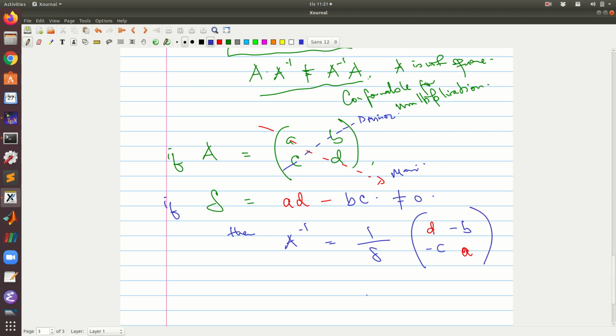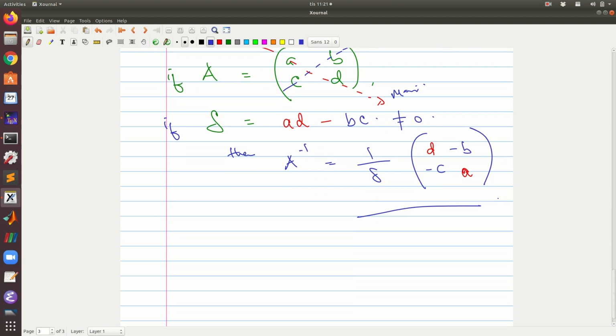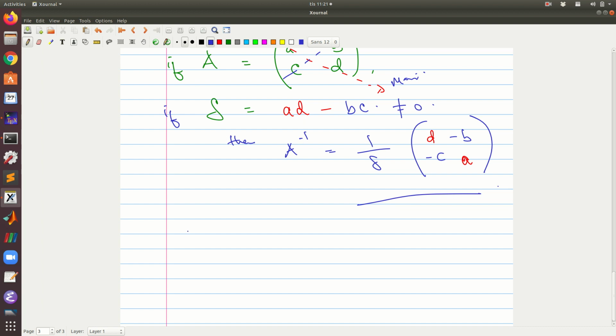This is our A inverse. When we come up with the next example, you can put in the figures here, but generally this is it.